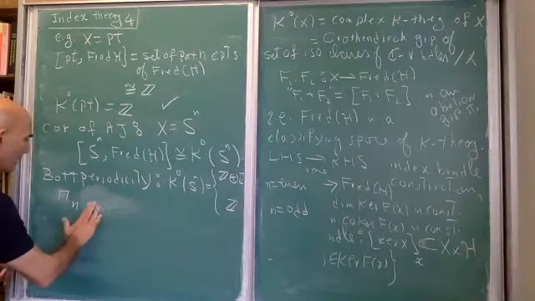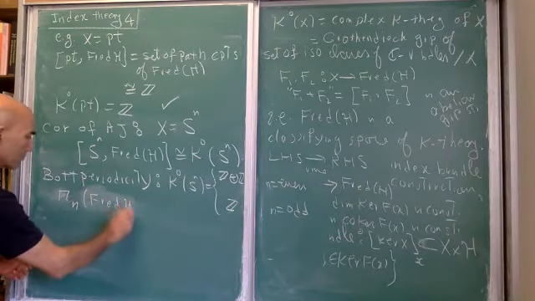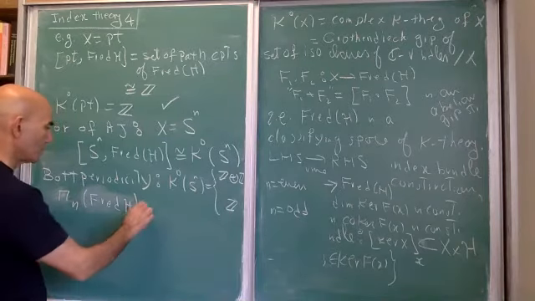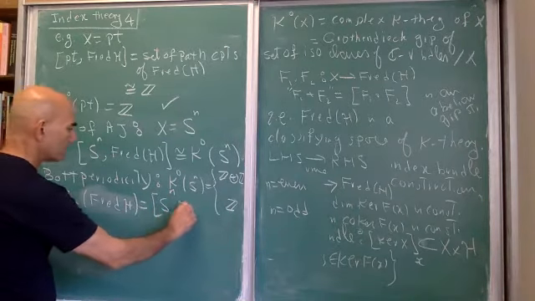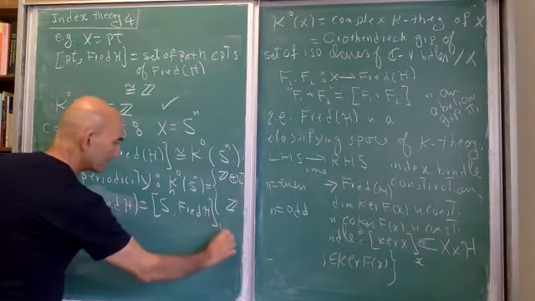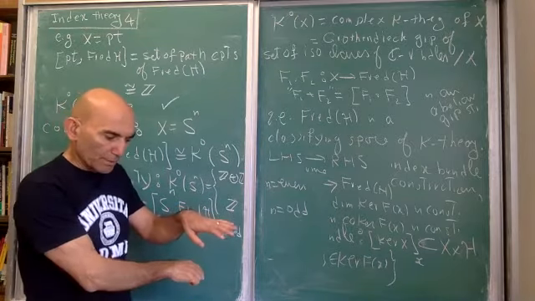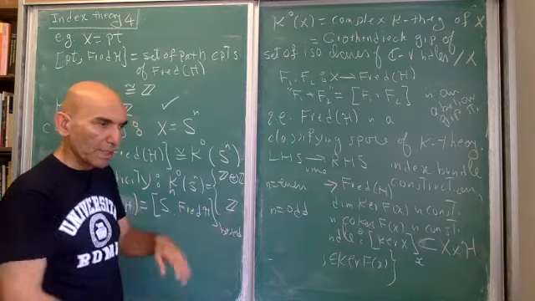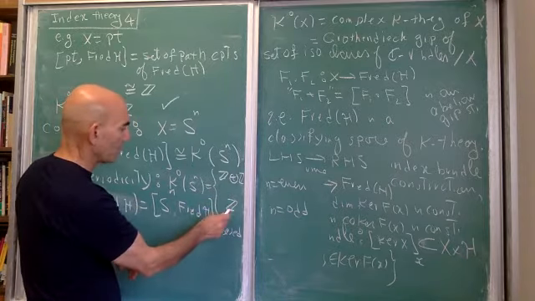So let me put it like this: pi_n of Fred H is actually equal to maps from S^n to Fred H, but based. You can go into different components, right? You generate this. So this corresponds to one copy here, this Z copy, the trivial copy.